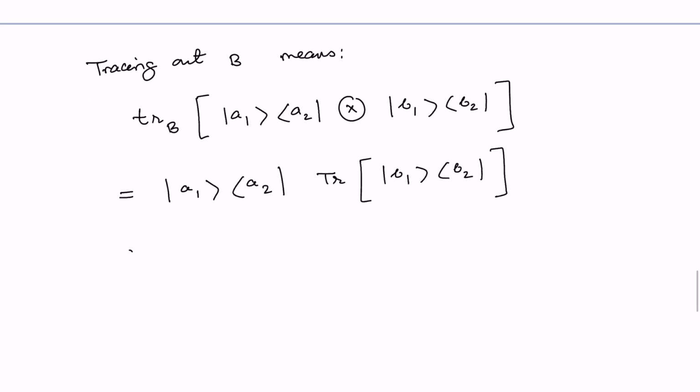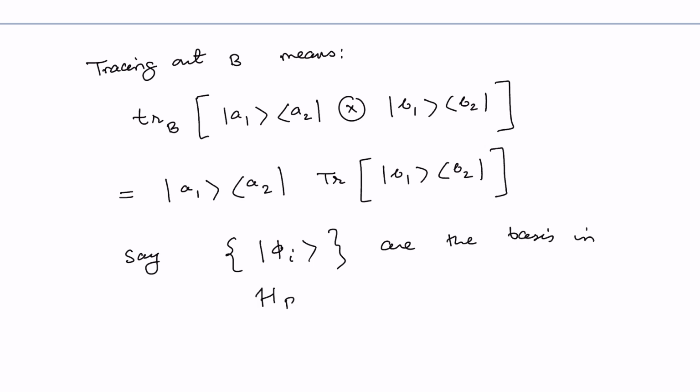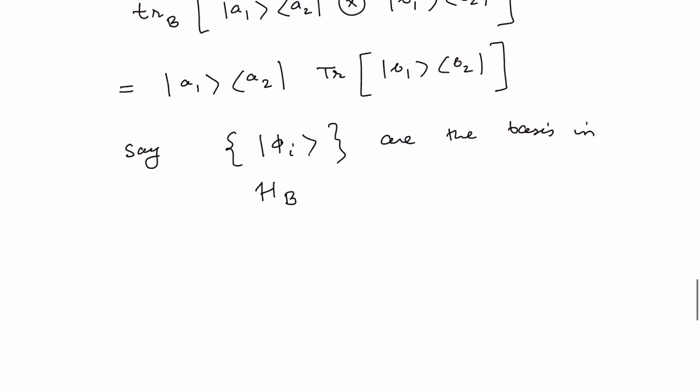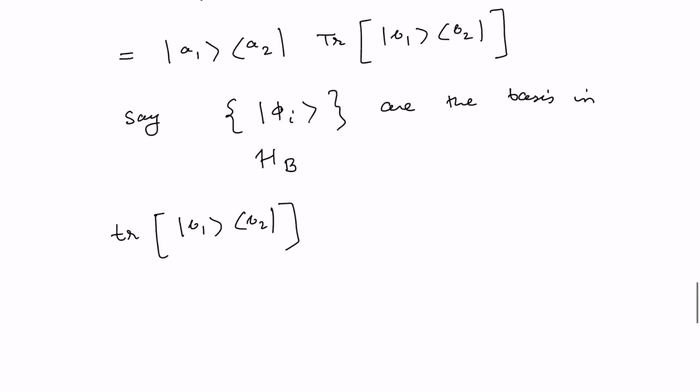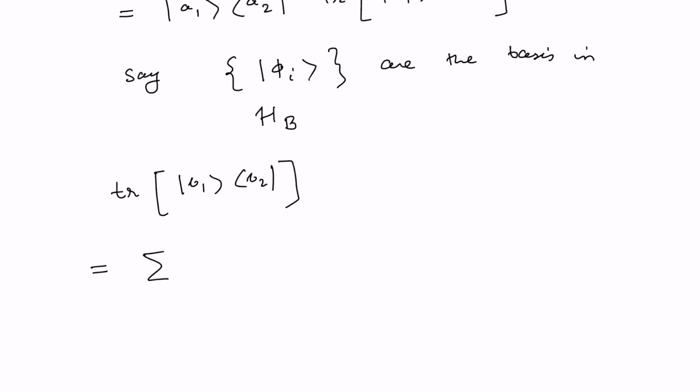Alright, now say we have this ket phi I, which are the basis in the Hilbert space of B. Then the trace of ket B1 bra B2, I can now work out as it is.